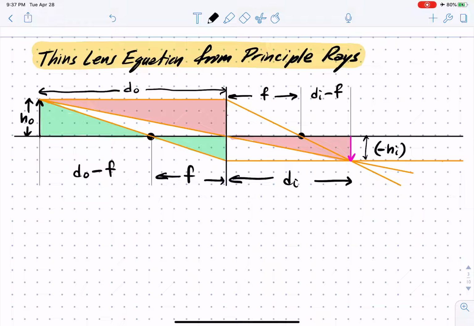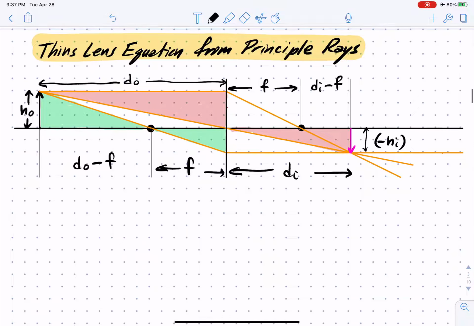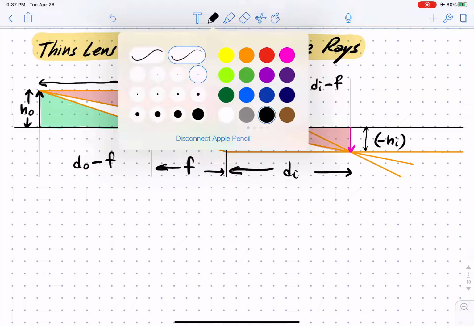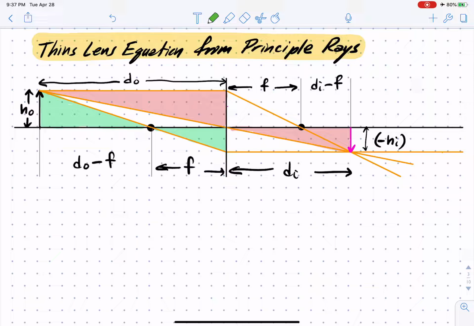All right, so let's go ahead and draw some of these out. Let's start with the green one. Okay, so we could do this. We could take HO. Then that should be equal to the ratio of the other green triangle.